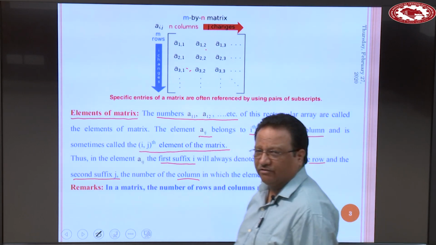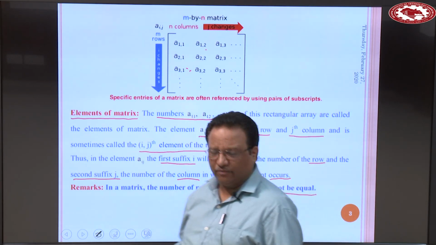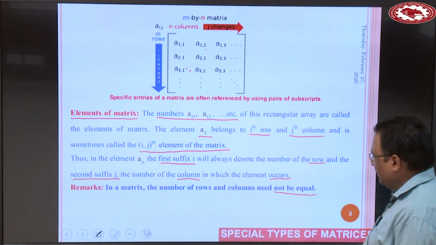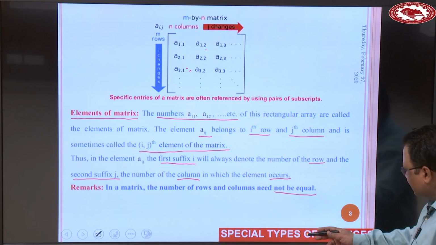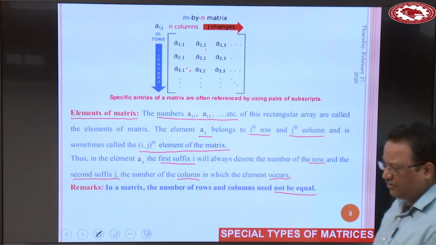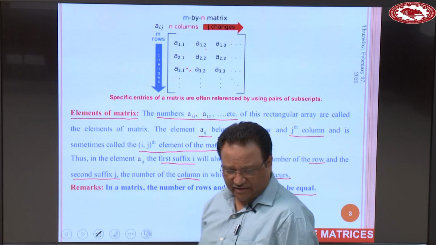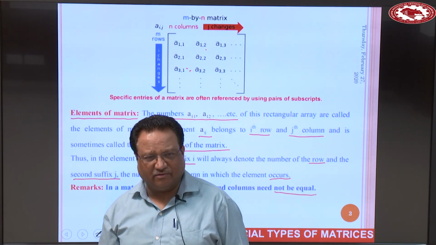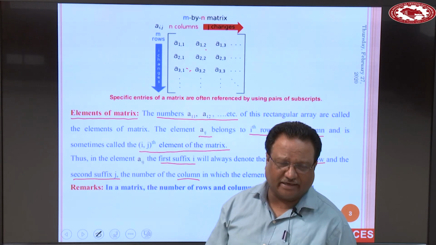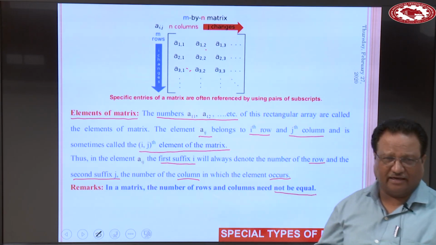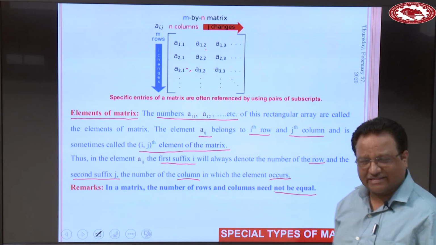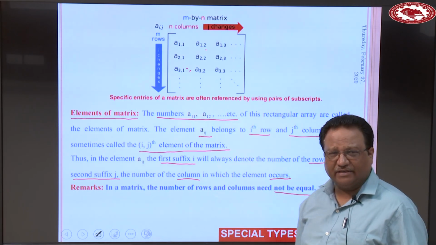It may be equal, but need not be equal. Now, we will discuss special types of matrices, and we know all these things regarding what is square matrix, what is rectangular matrix, what is column matrix, what is row matrix and like these. So, today we will discuss all these fundamental definitions of matrices.